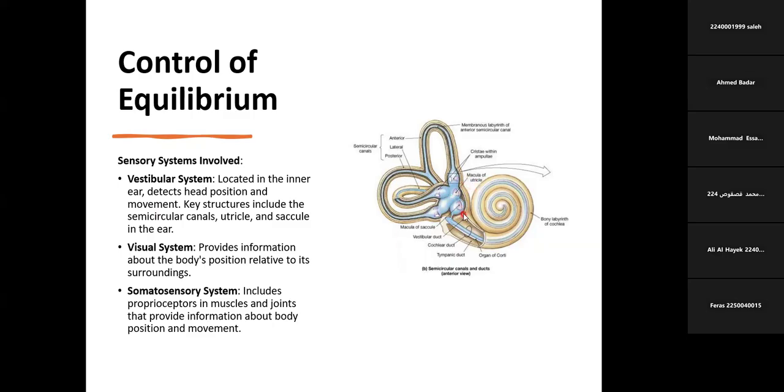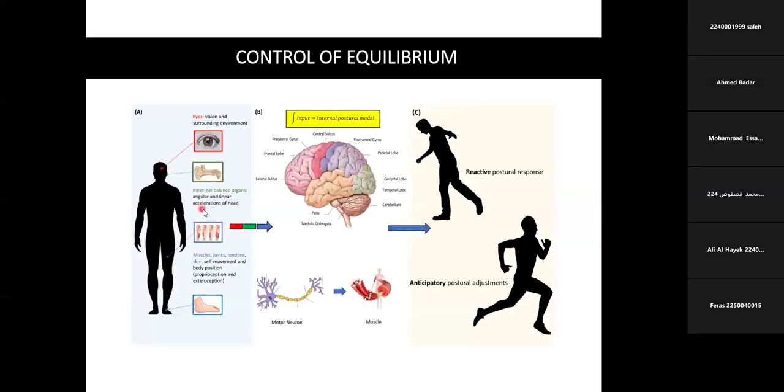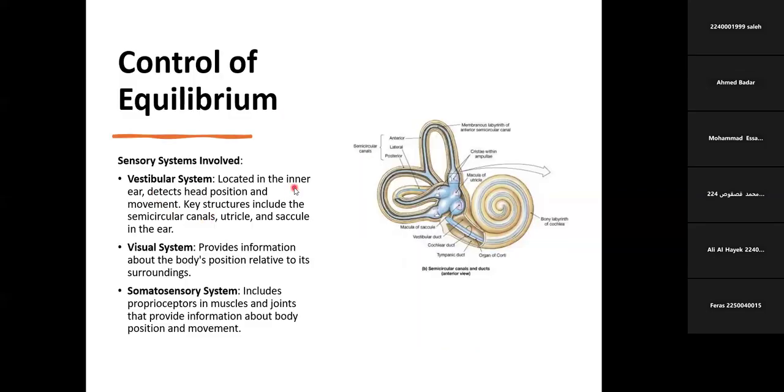This is anatomy. For physiology, this is enough: where is the receptor which is helping us in maintenance of the balance, and it records our linear and angular motion. It is present in the inner ear. So underline this.